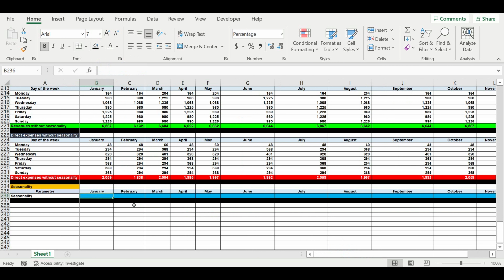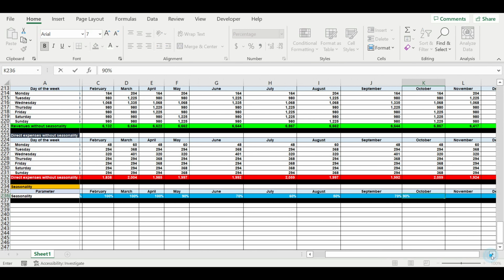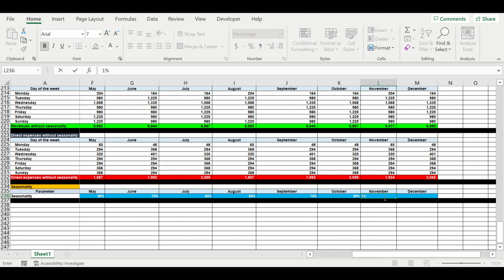Let's assume that in summer months we have some decrease in the amount of customers. So let's assume that in January, February, March, April we have 100% of what we planned, then we decrease to 90, then for example 70, 60, 50, then 70, 90 and 100%.